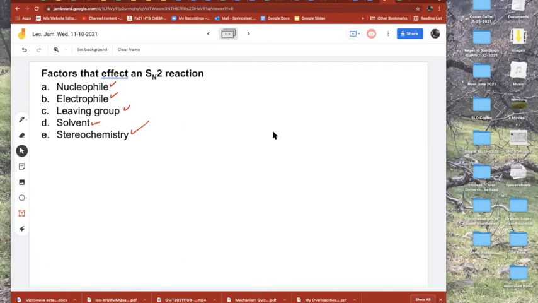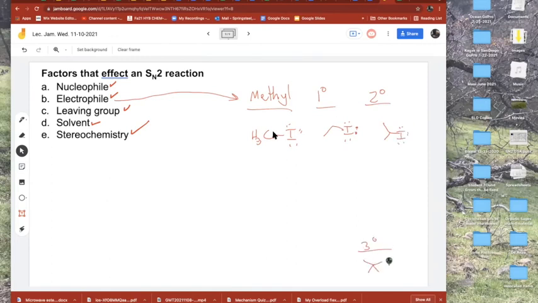With electrophiles, we have methyl, and then say an iodide or something on there, right? So there's a methyl electrophile. And then we have primary, so it would be something like this. Secondary. And then tertiary would be, I'm going to draw it down here, something like that. Okay. So for an SN2 reaction, which do you think reacts the fastest? The methyl electrophiles, the primary, the secondary, or the tertiary?